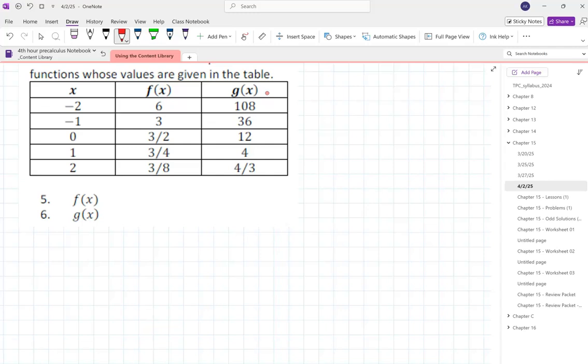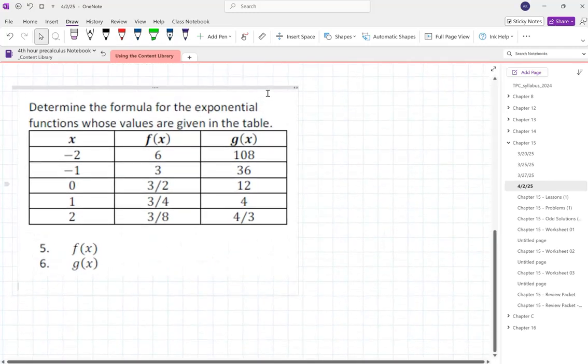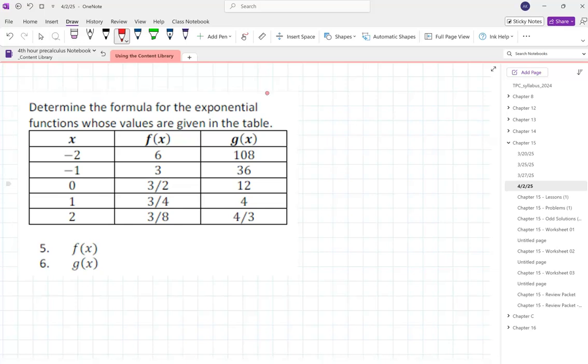Yeah. Cool. So 5 asks us to find the equation for the data. So since 5's asking about f of x, I'm using these sets of points. So we're trying to write a y equals a times b to the x equation.